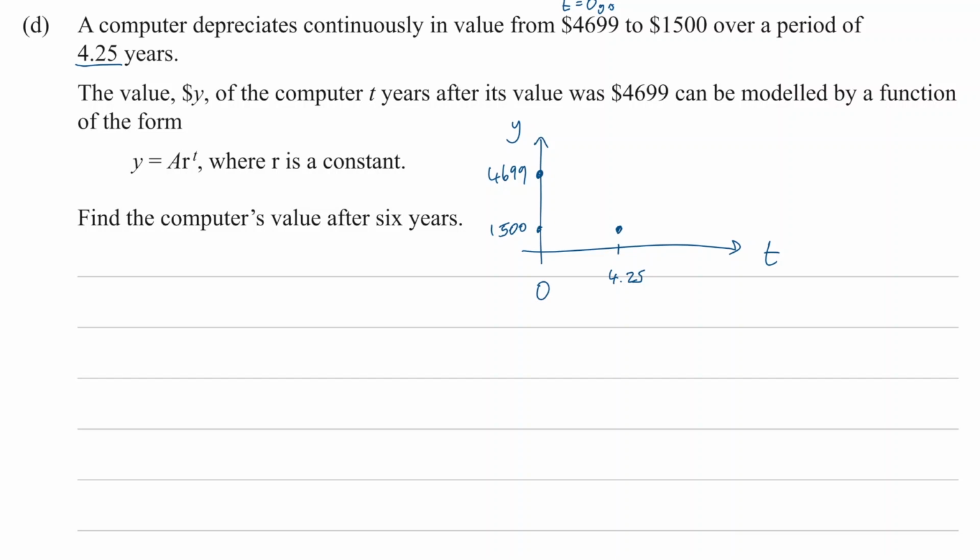And we're interested in how much it's worth after 6 years. We can see as it depreciates, it'll depreciate more slowly. Once it's lost most of its worth, it doesn't lose as much over the same time period. And we want to work out that exact value.